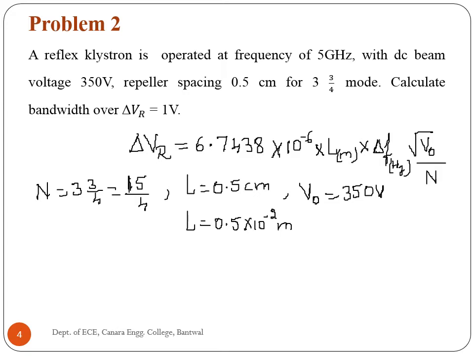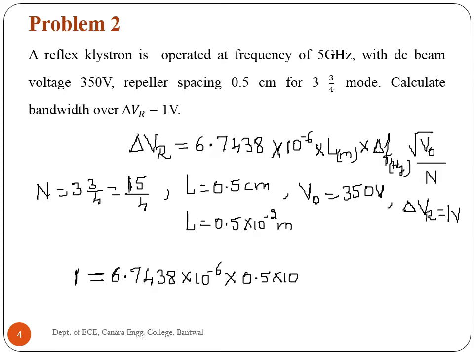I'll substitute given parameters in the expression delta VR. Delta VR is 1 volt, which is equal to 1 is equal to 6.7438 into 10 to the power minus 6 multiplied with repeller space is 0.5 into 10 to the power minus 2 into delta F in hertz.